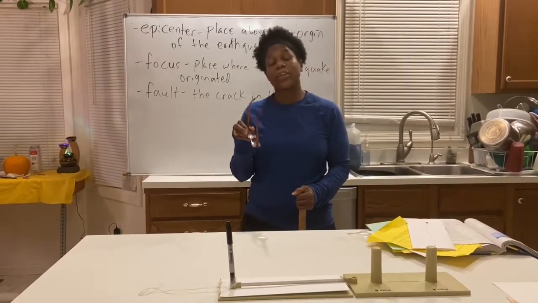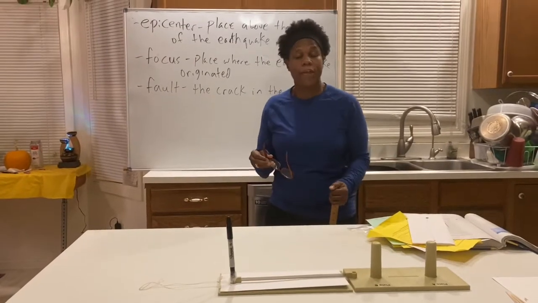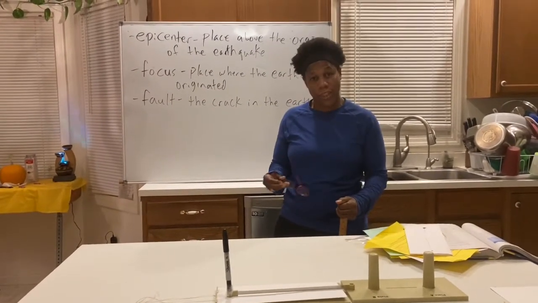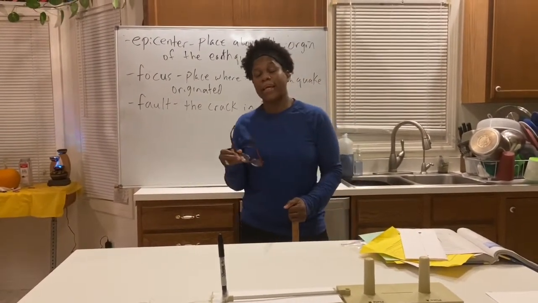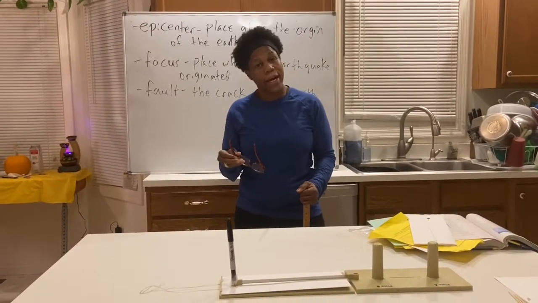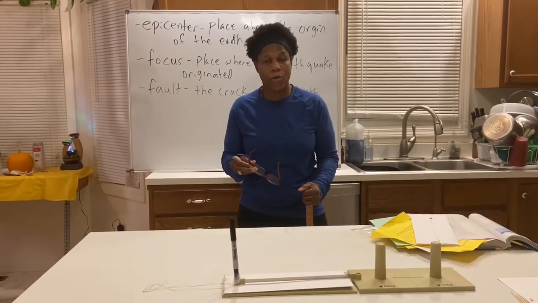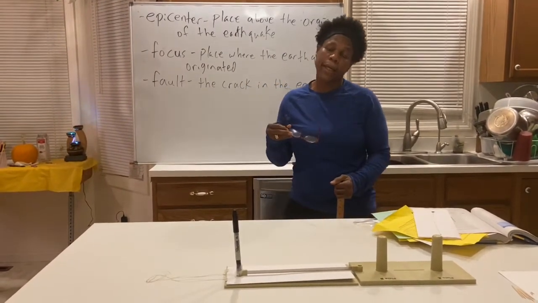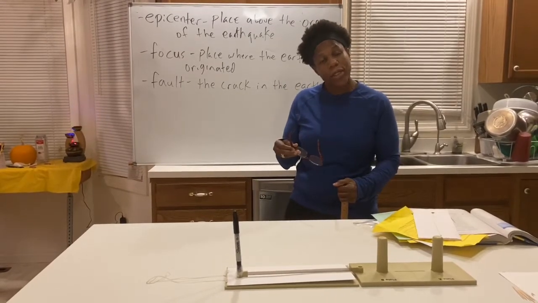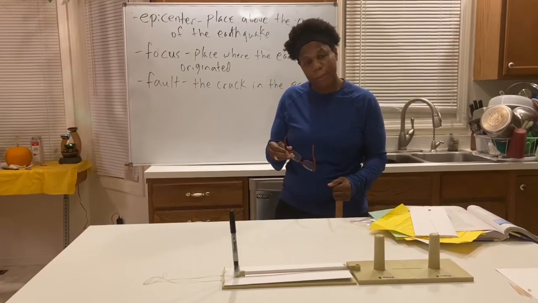Now, we know that geologists use volcanoes and earthquakes to try to figure out what the internal structure of the earth is. Last week we did an assignment talking about the different layers of the earth. You should know by now that we have the crust, the mantle, the outer core, and the inner core, and the different states of matter of each of those layers.